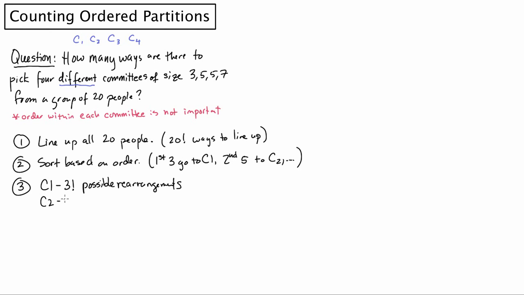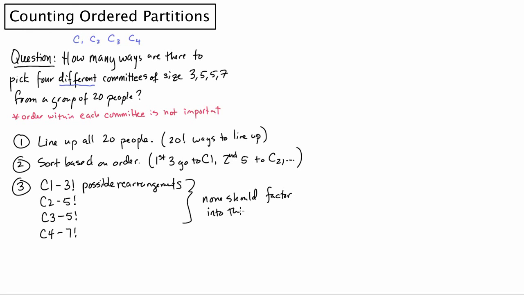Committee 2, because it's got 5 people, has 5 factorial possible arrangements. Committee 3 will have another 5 factorial possible rearrangements. Committee 4 will have 7 factorial possible rearrangements, and none of these should factor into the count.